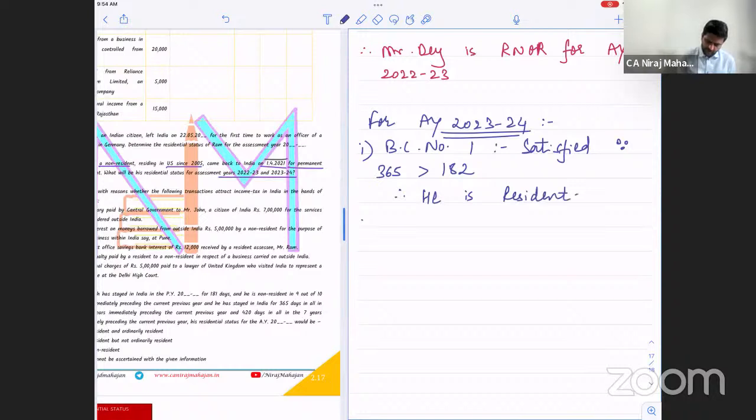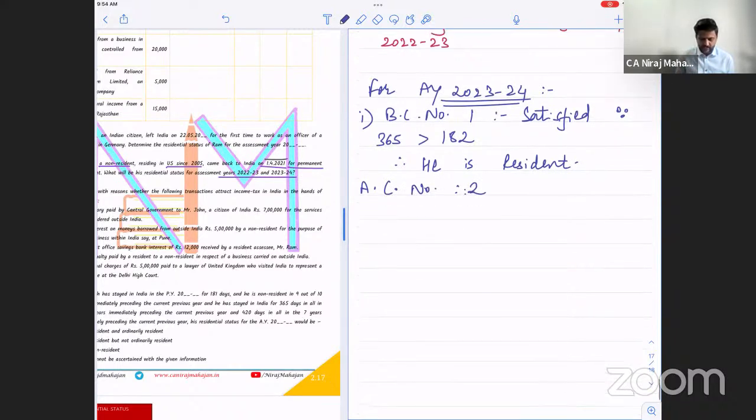I'm writing a little bit in short now. And second, additional condition number 2. Not satisfied. Tell me now, what number compared to what number? Not satisfied since 365 is less than 730.